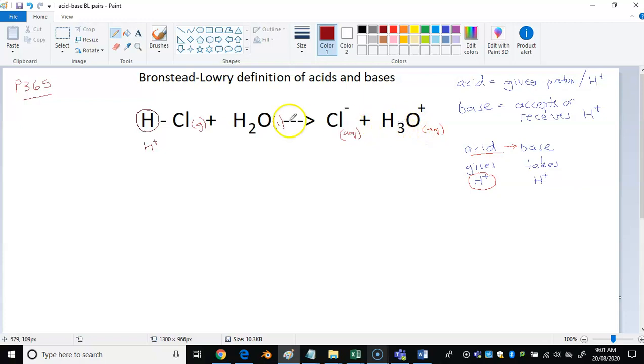All right. So you can see here also, just before we go into this detail, that on the reactant side, we have a net charge of 0 because neither the HCl nor the H2O are charged. And over here on the product side, we have -1 and +1, which gives a total overall charge of 0.